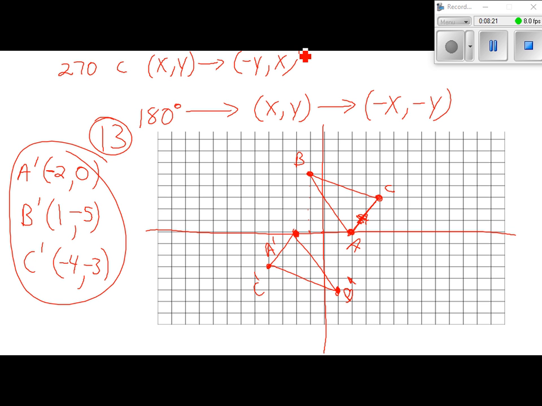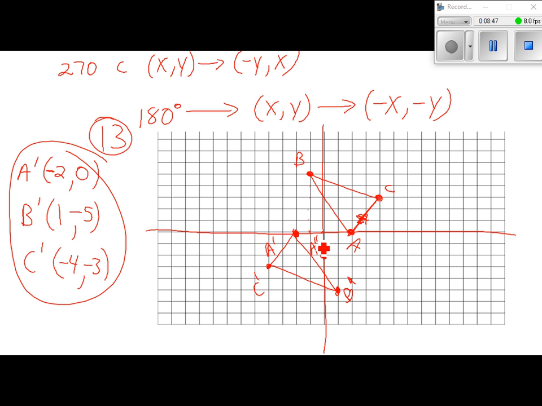So if I was gonna graph this, and we'll call this A and B and C double prime. We'll put 2 primes on it, because we already got prime over here on our graph, right? So if I was gonna graph that, I come over here and I graph 0, negative 2, that's right there. That's A double prime.